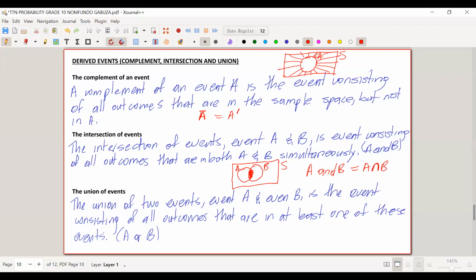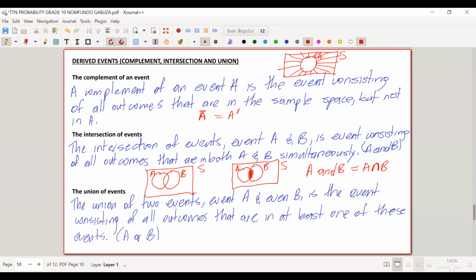So what do we mean by union? Union of events. Let's say over here, you have a sample space and we have A and we have B over here. So a union is everything that is in A and everything that is in B. We include everything.